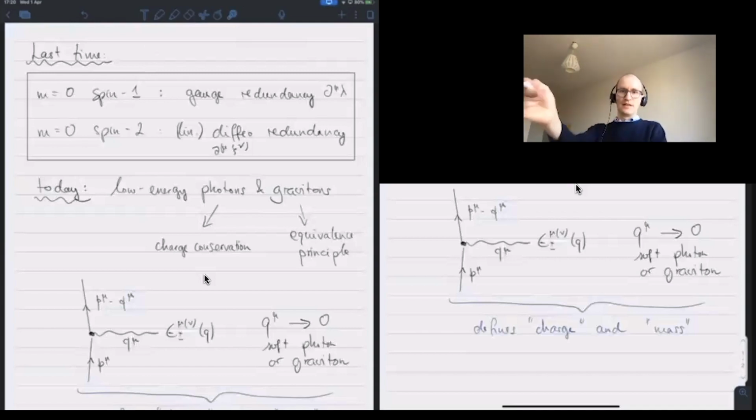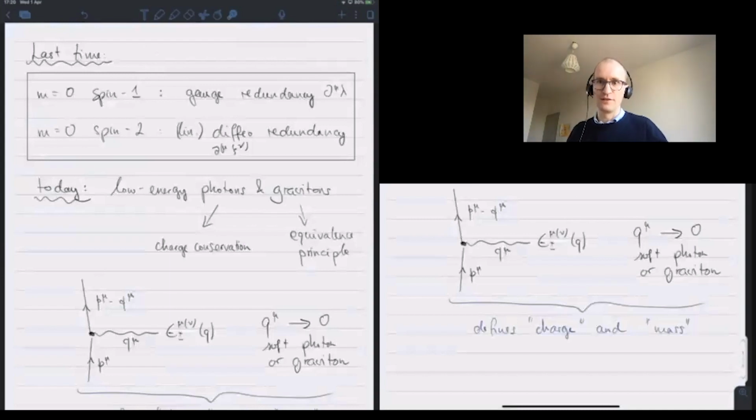So last time, what we discussed was constraints on the possible dynamics, interactions, and therefore theories that we can write down for massless particles of spin 1 and spin 2, which were entirely motivated from representation theory type arguments.